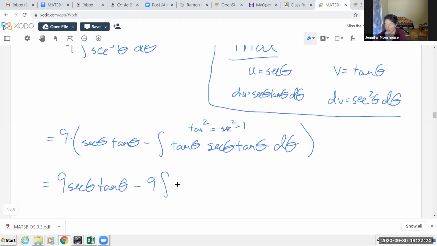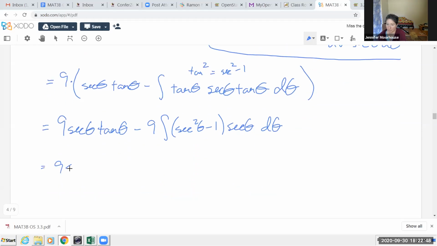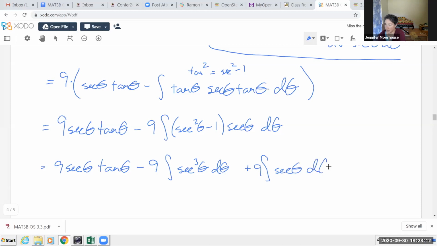So we can rewrite this as secant squared theta minus 1 times secant theta d theta, and then we have a secant cubed minus a secant, so that's minus 9 times the integral of secant cubed theta d theta, minus a minus would be a plus, 9 times the integral of secant theta d theta.